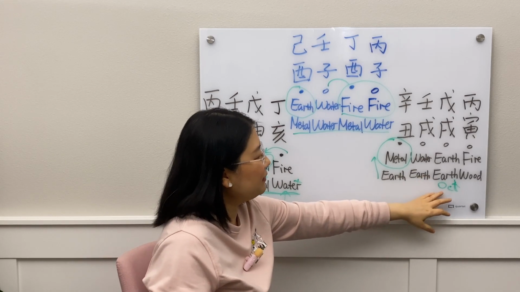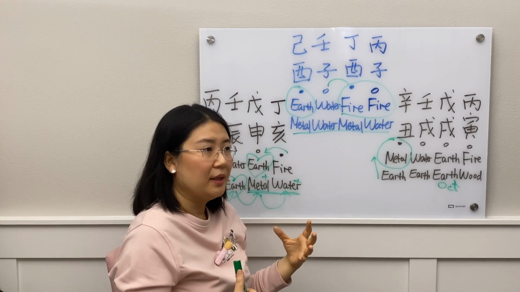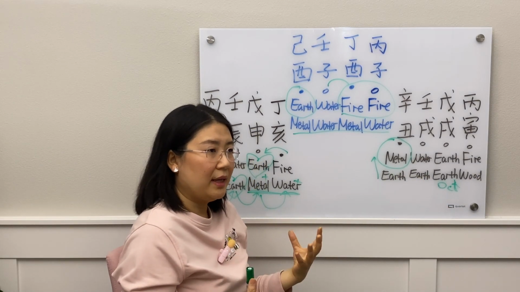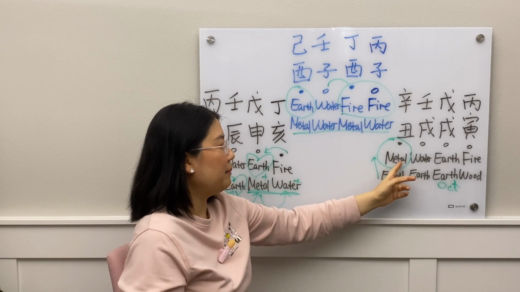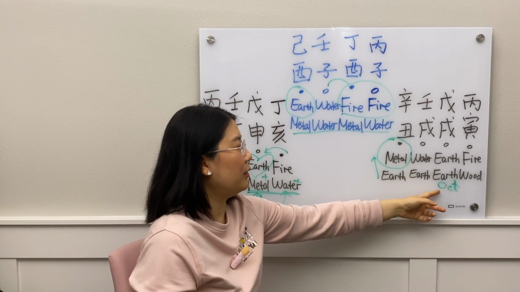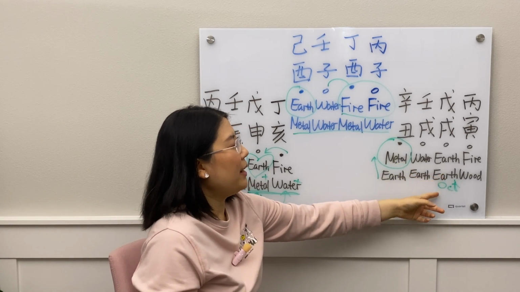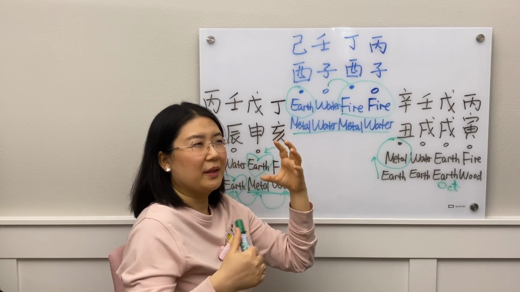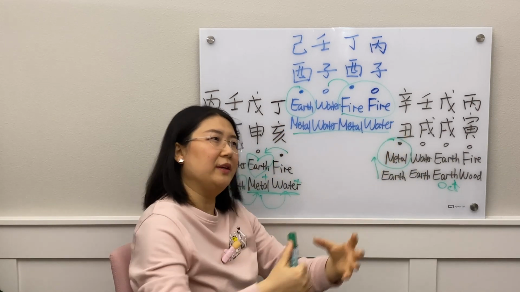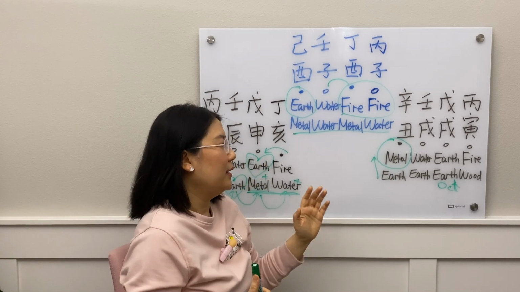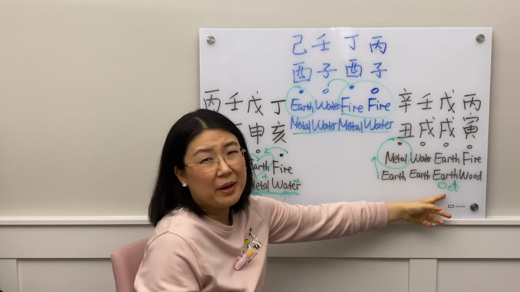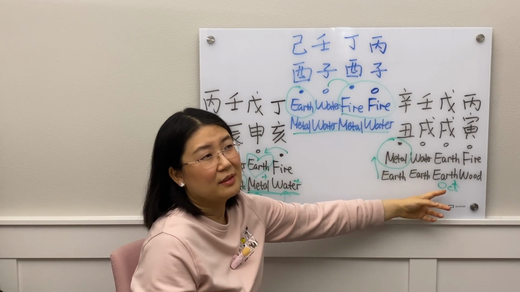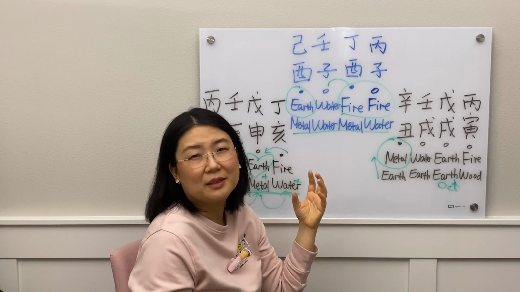In terms of qi, it makes me think there's a similar metal type of qi in October that will give this guy external environment support. If it were a summer month, I wouldn't say that, because summer's dominant element is fire, right?